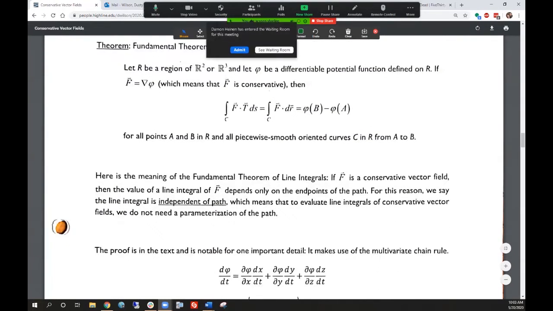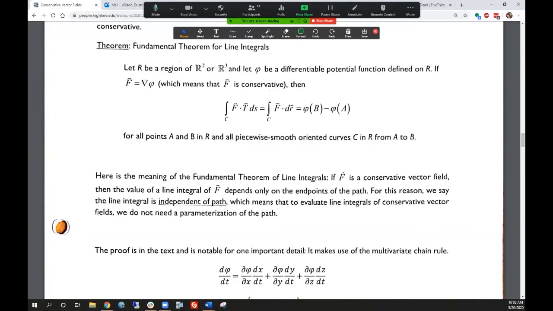So here's the meaning of the fundamental theorem of line integrals. If big F is a conservative vector field, then the value of a line integral of F depends only on the endpoints of the path. For this reason, we say that the line integral is independent of path, which means that to evaluate line integrals of conservative vector fields, we do not need to parameterize the path.